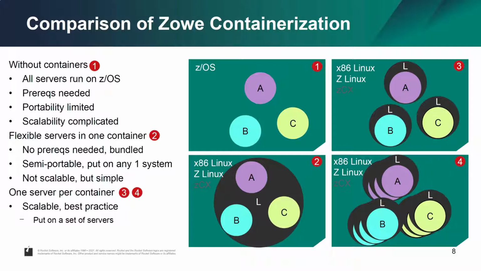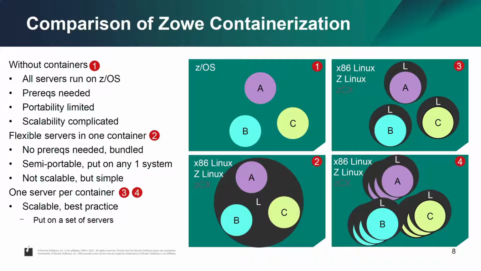We're going to need to get Java set up. And the portability is a little bit limited because if we go to a different system, we'll need to do the same thing. The scalability is also a little bit more complicated because the servers have their own nuance, and so you need to understand a lot about how they work in order to make sure that you have the scalability set up correctly.